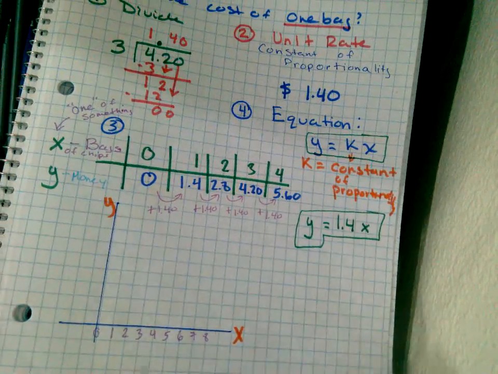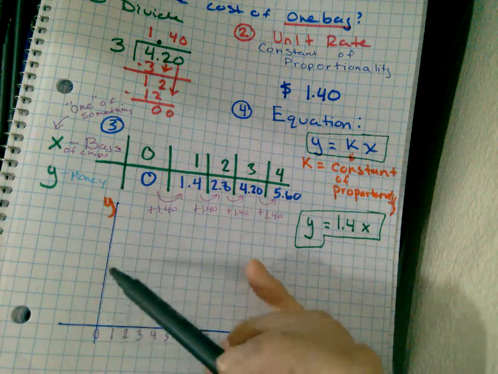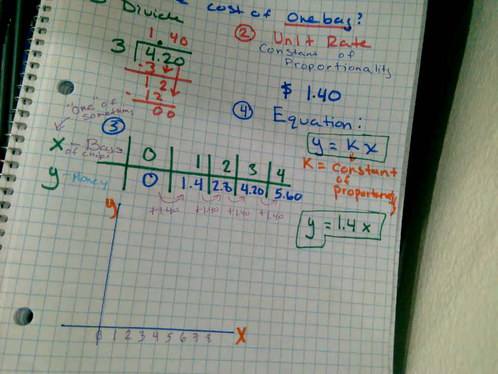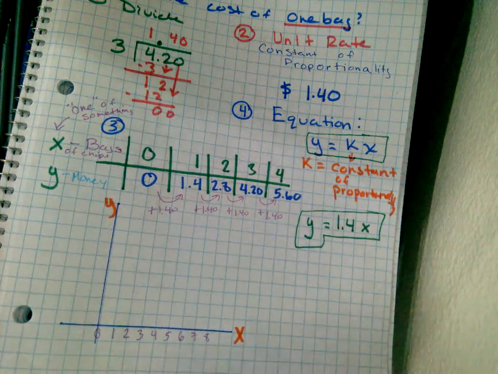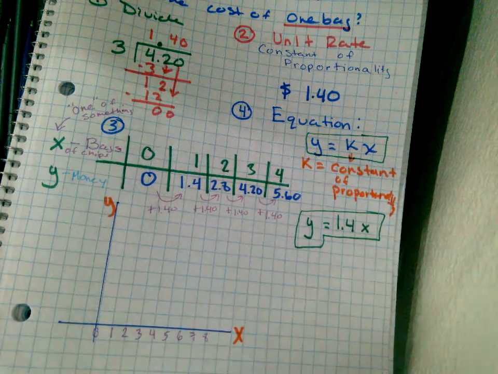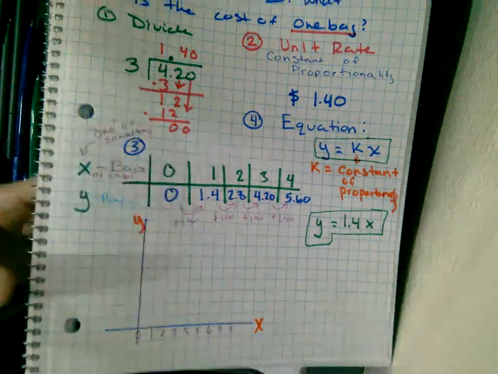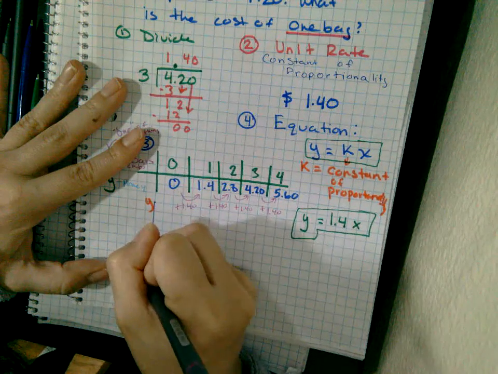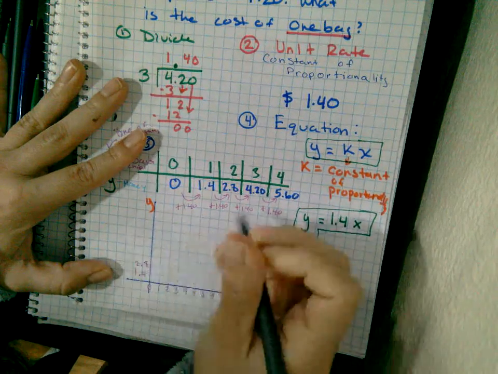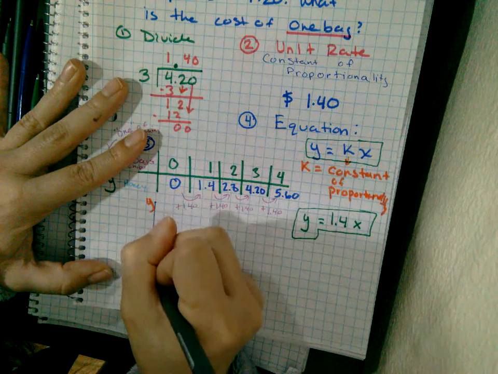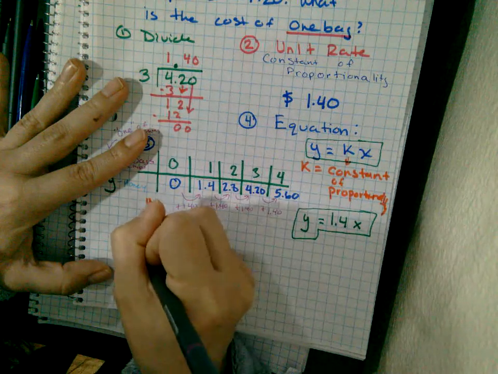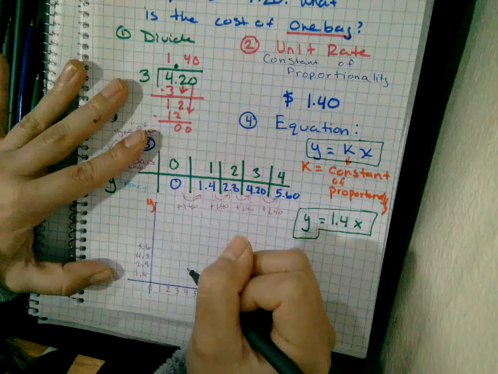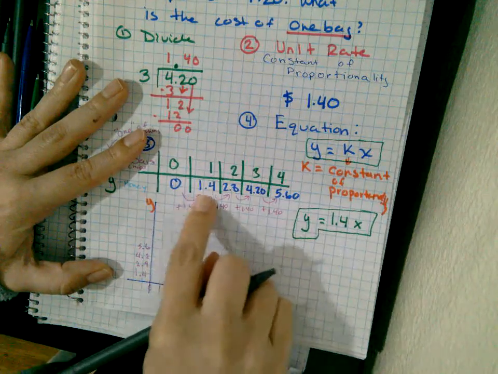Okay, now, what am I going to count up by on your Y? If you're making the graph, go up by your unit rate, please. So it would be 1.4, 2.8, 4.2, 5.6. I got that from the table.